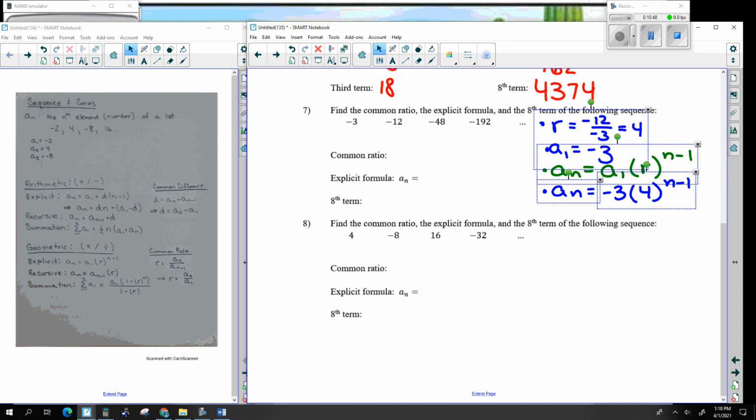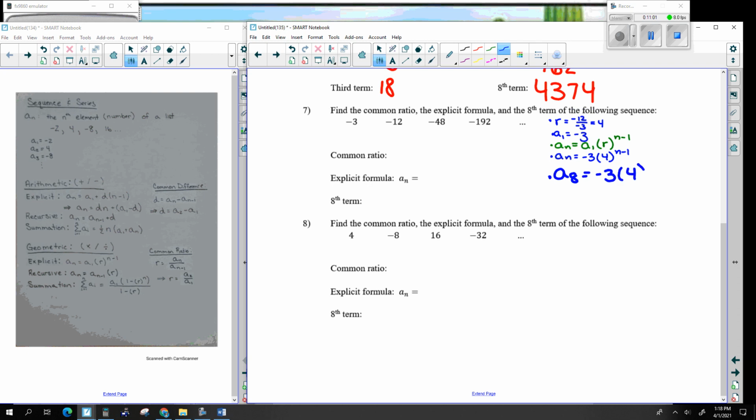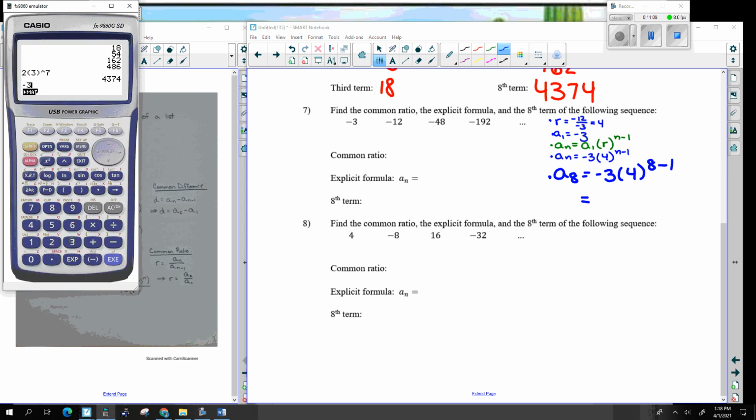And then they want you to use that formula to find the 8th number. So that'll be an exponent of 7. So that is, where's my calculator? Negative 3, 4 to the 7.